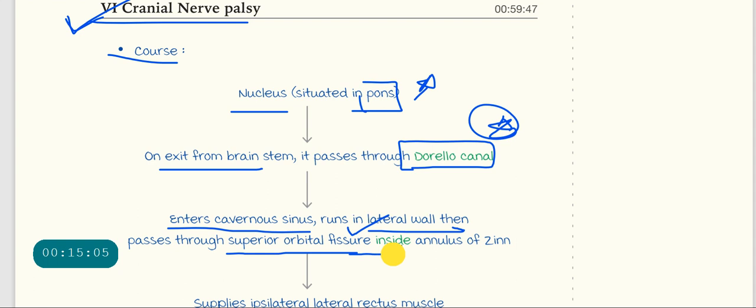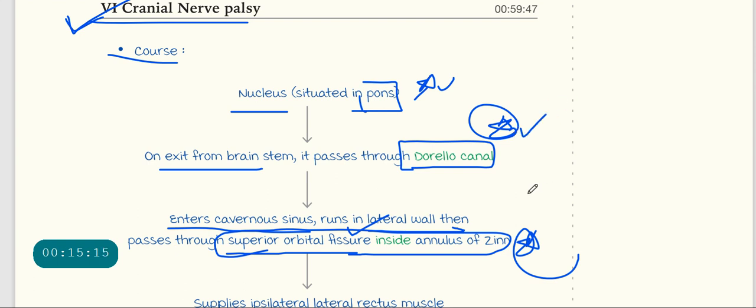So three important points: situated in the pons, passes through the Dorello canal, and then it passes through the superior orbital fissure inside the annulus of Zinn. Now, what muscle does it supply? It supplies the ipsilateral lateral rectus muscle. So the ipsilateral lateral rectus muscle is supplied by the sixth cranial nerve.